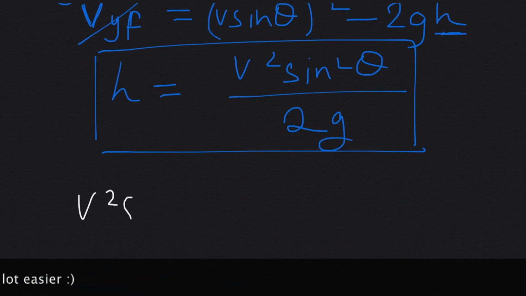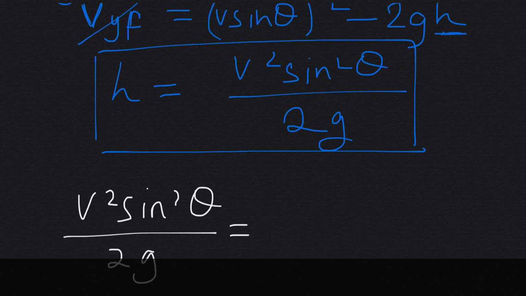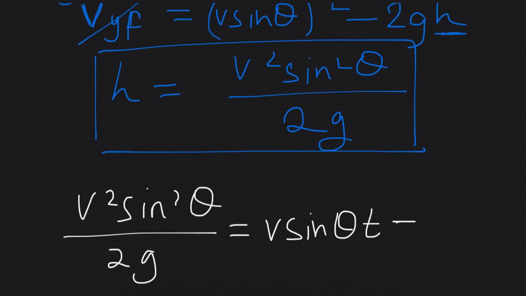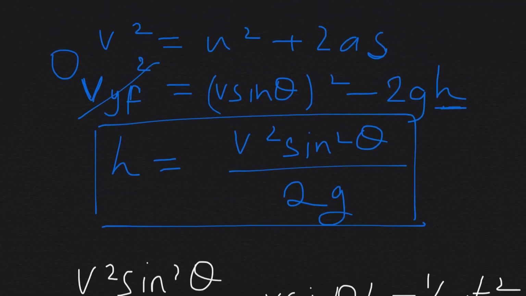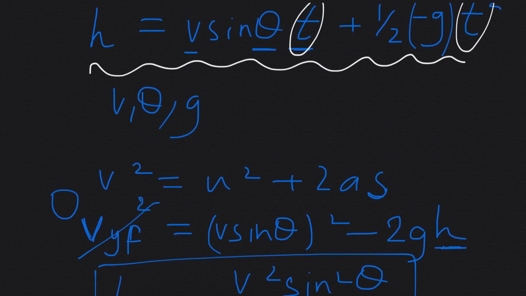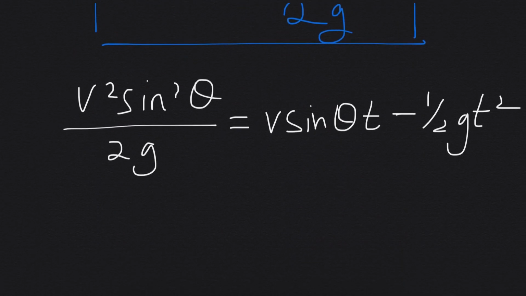So let's plug in h's value. H is v squared sine squared theta divided by 2g is equal to v sine theta t minus 1/2 gt squared. That's just the previous formula. I substituted h here in that h, and I just wrote the whole formula down here.